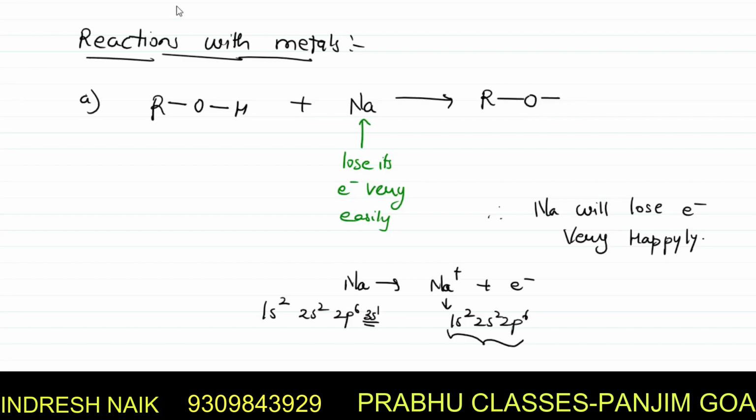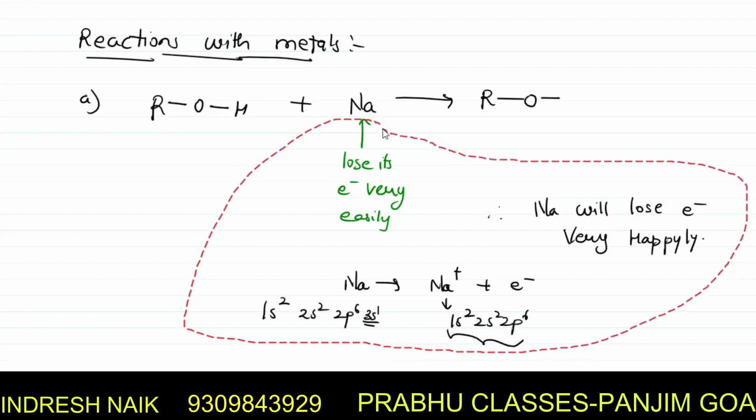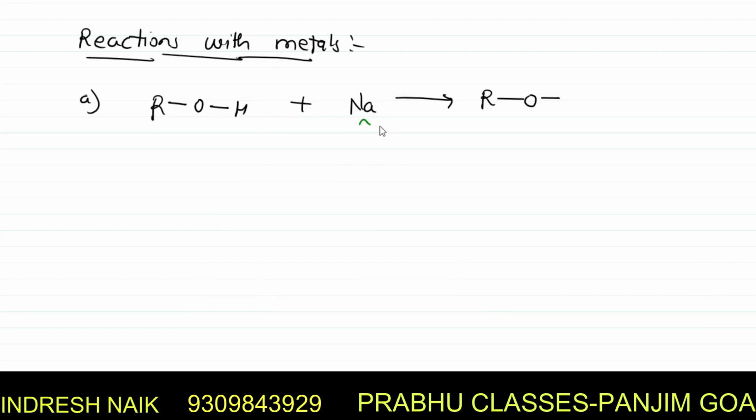I'll clean this. I will show stepwise what happens. You must have understood. Sodium is very happy to give away its electron. So in the aqueous medium, RO minus will split as H plus, and the electron will be there.